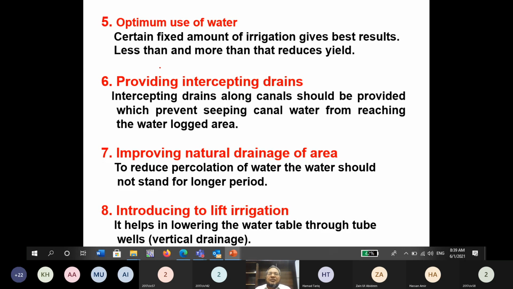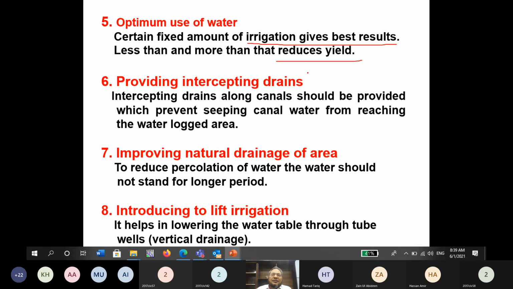A certain fixed amount of irrigation water gives the best results. Less than that and more than that reduces yield, as I showed you in the graph. So we have to use only that optimum water, neither more nor less.